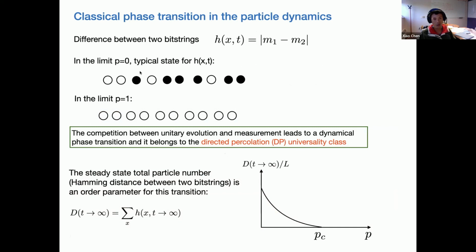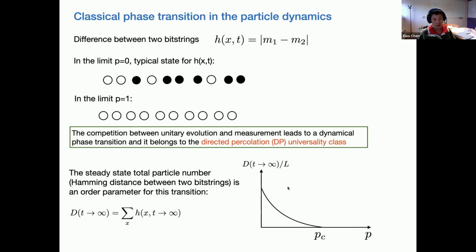We could first consider two limits. One is p equal to 0. The difference in a typical state will be some state like this, and if we consider the Hamming distance, or the number of particles over here, it is extensive. The density is finite. In the other limit, p equal to 1, all the sites are measured and become 0, so the particle density is 0.